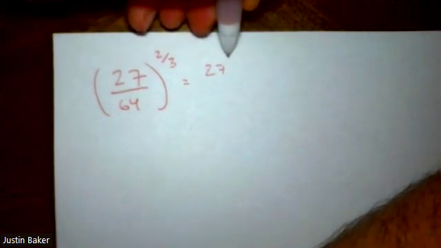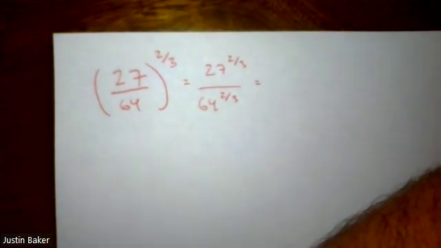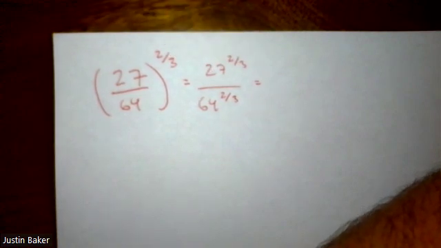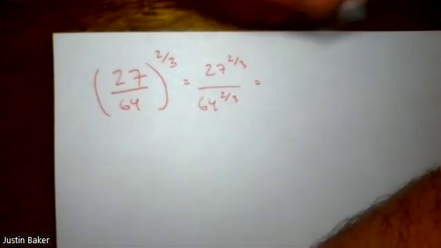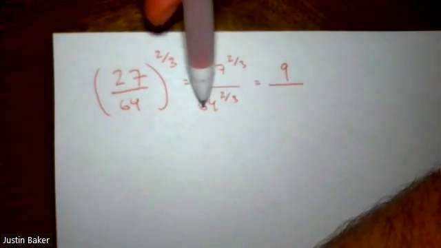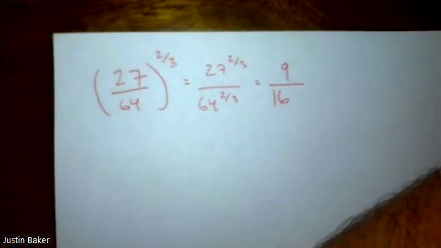In that case, we would raise the top and the bottom to that power. In this case, this would be the cube root of 27. The cube root of 27 is 3, and then 3 squared would be 9. On the other side, the cube root of 64 is 4, and 4 squared is 16.